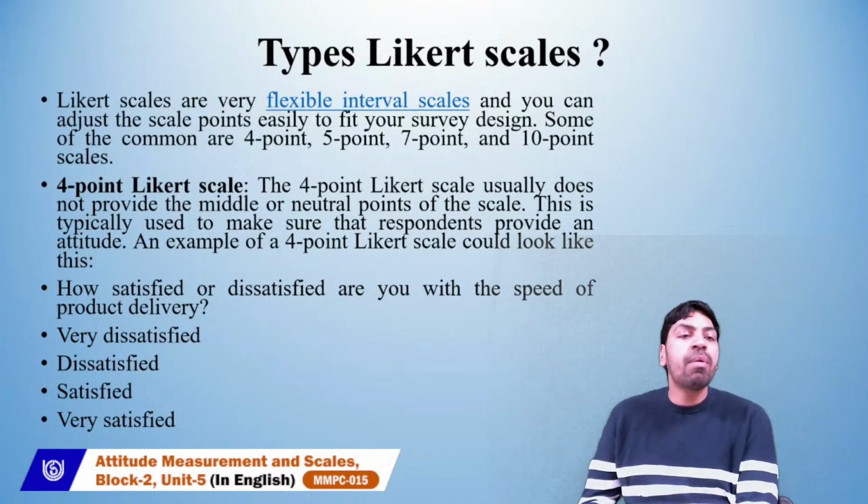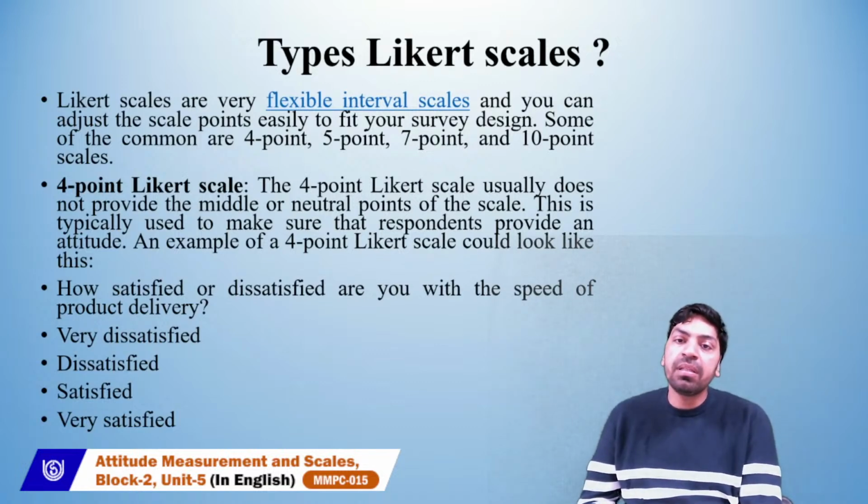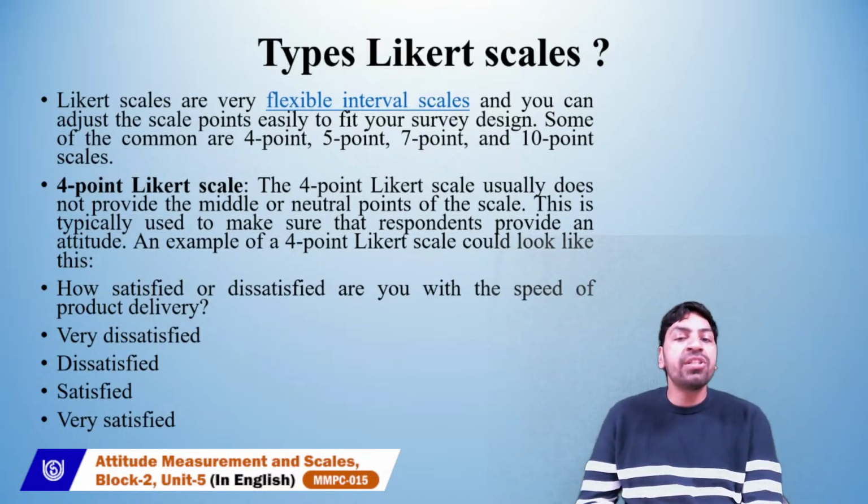If we talk about the 4 point Likert scale, it does not provide the middle or neutral point of the scale. This is normally used to check the respondents' attitudes towards a variable. So let's have a question. How satisfied or dissatisfied are you with the speed of product delivery?